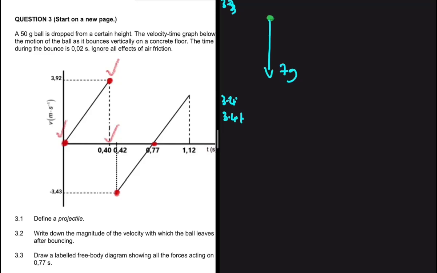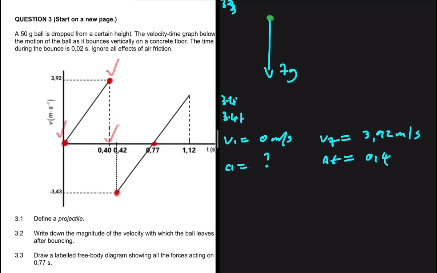So if we use equations of motion, our Vi is equal to 0 meters per second because our ball was dropped, and Vf is equal to 3.92 meters per second, the velocity at which we strike the ground. Then the acceleration is what we're interested in, and the time for that motion is 0.4.